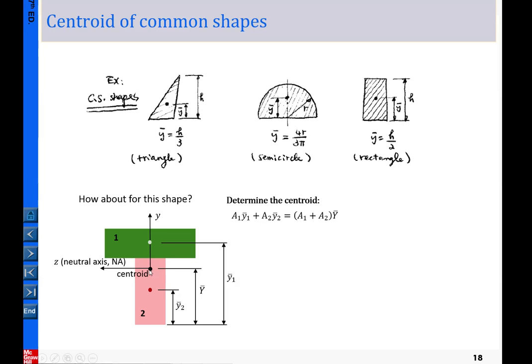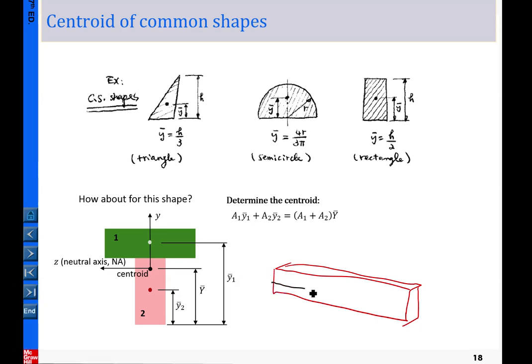Once you determine the centroid, that is where we place our coordinate system. In this section, Z represents the neutral axis in terms of the three-dimensional model. Let me draw that again.